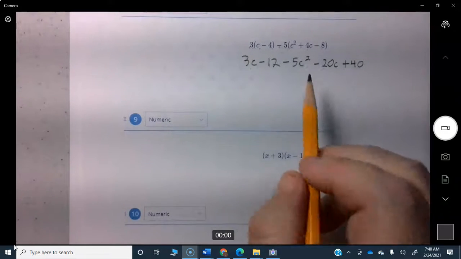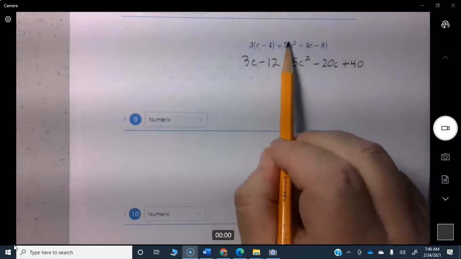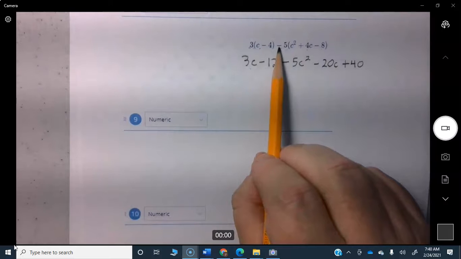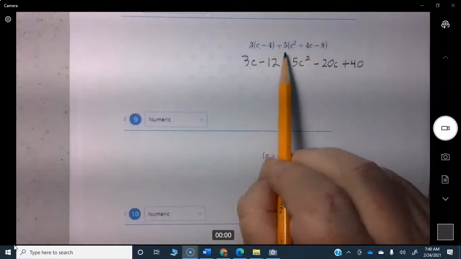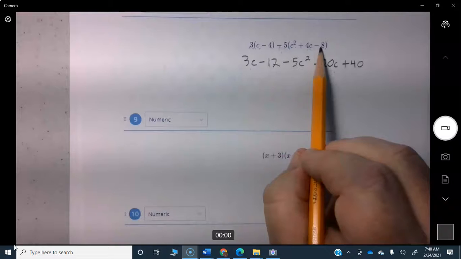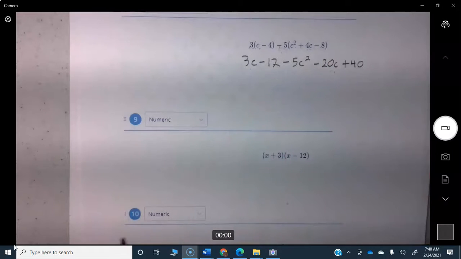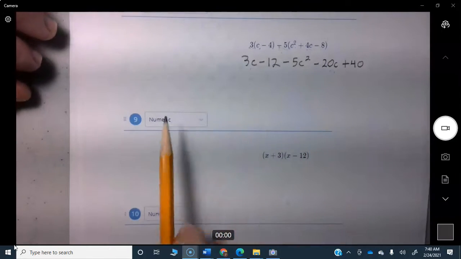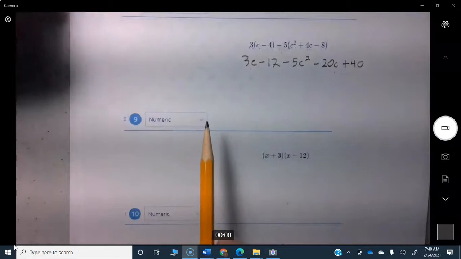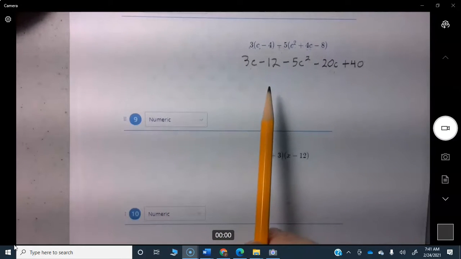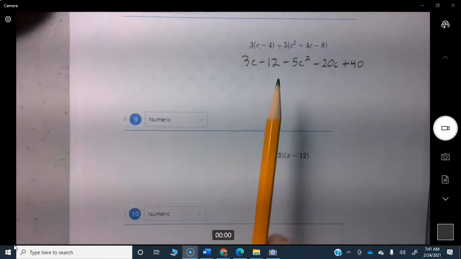And so what I've effectively done is I've taken the parentheses away. So I have minus 5c squared, minus 20c, and then plus 40. Really you're ready to go with this. At this point you don't have to line up the columns.